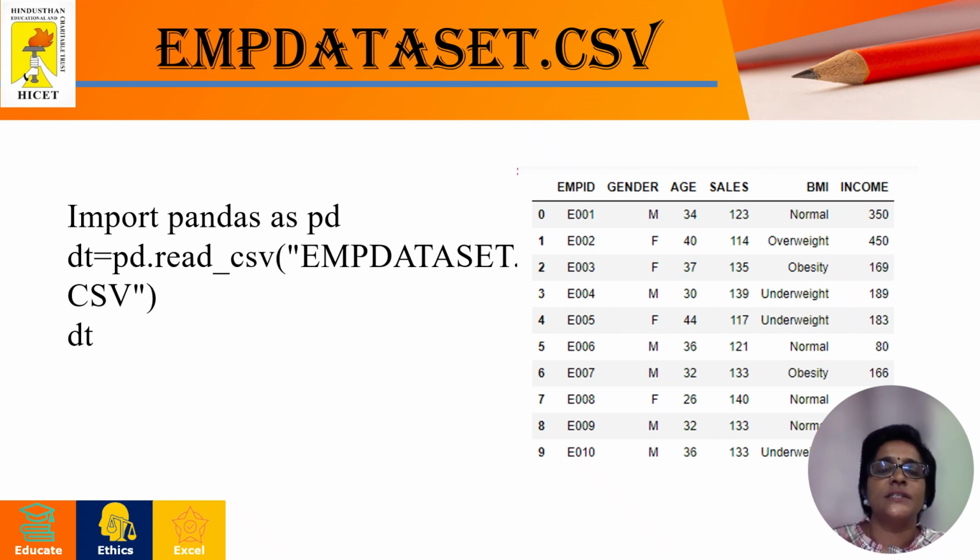Right, so let us assume that we have an emp dataset.csv file which contains the following information: emp id, gender, age, sales, BMI, income. All these are the information available in the emp dataset.csv file, and the most important point is that this particular dataset file contains the header information along with the CSV file.